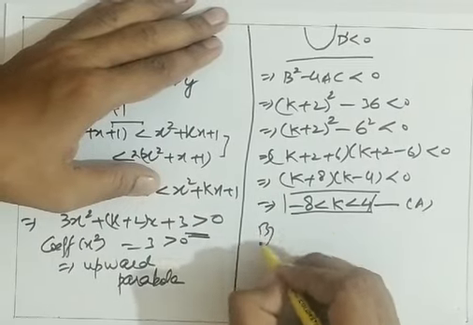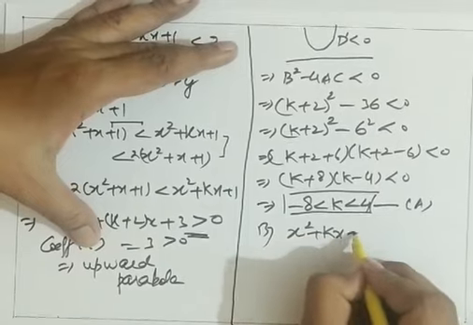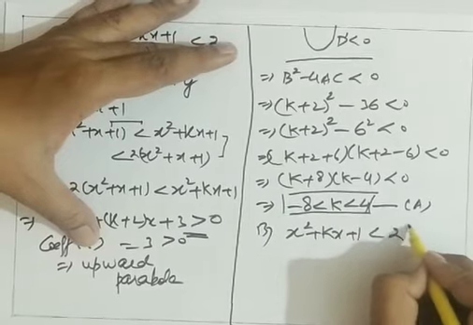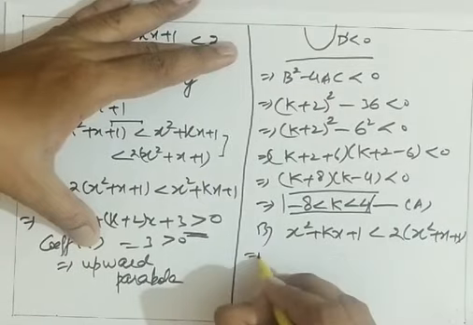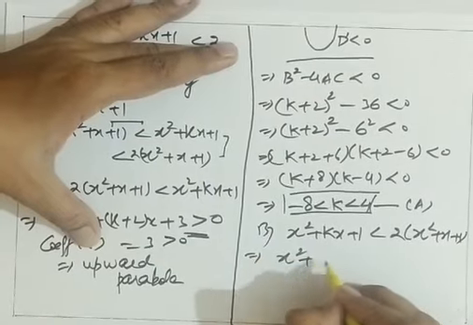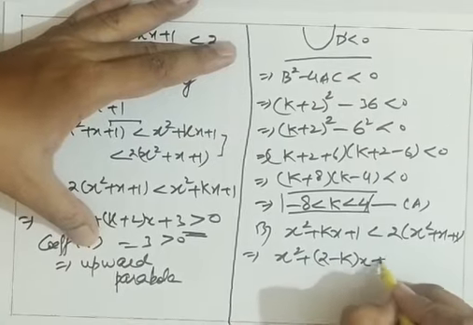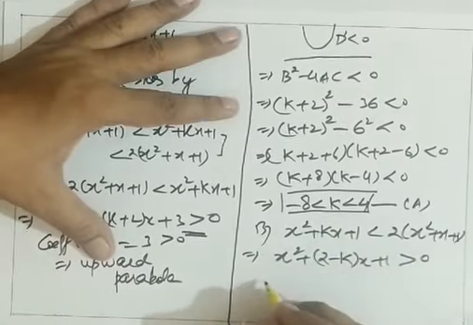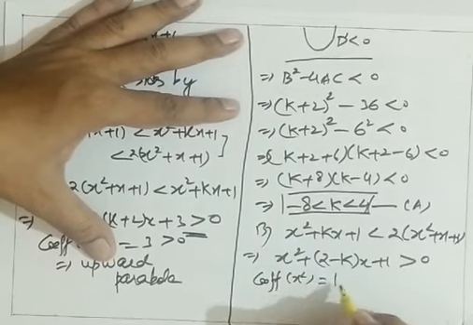The second inequality is x square plus kx plus 1 should be less than 2 times (x square plus x plus 1). So that means x square plus (2 minus k)x plus 1 should be greater than 0. You can see over here the coefficient of x square is 1, which is positive.